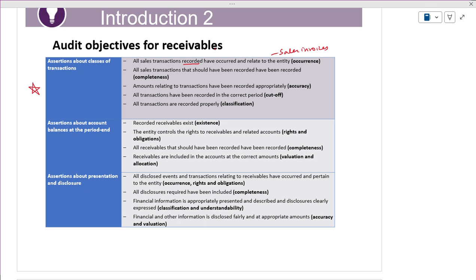All transactions should be recorded, has been recorded. Have been means completeness. Once you are saying it has been recorded, we have to reconfirm that it has been done. Somebody will prepare, somebody will enter, and there will be some verification.